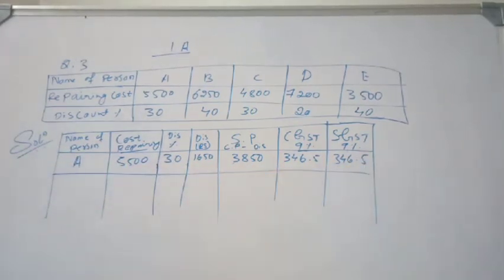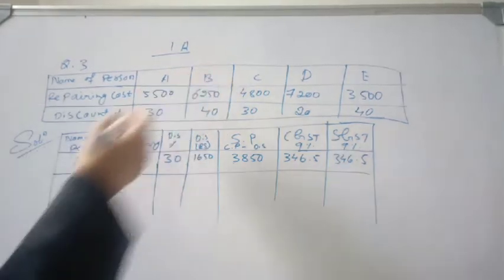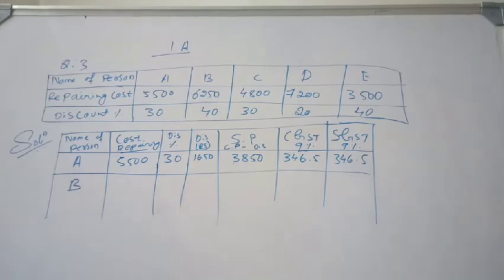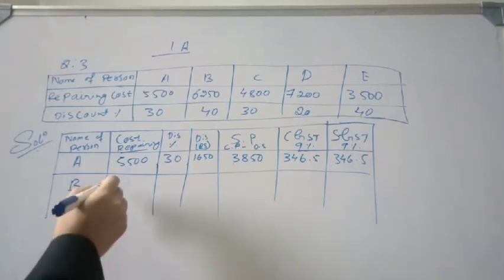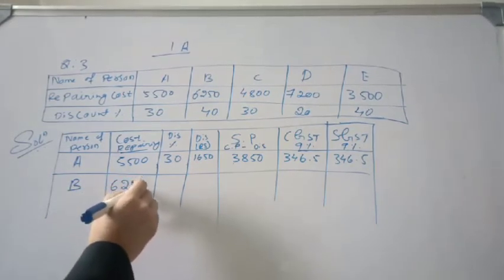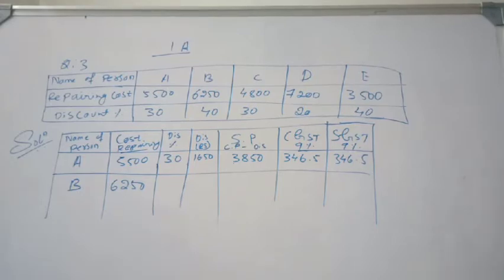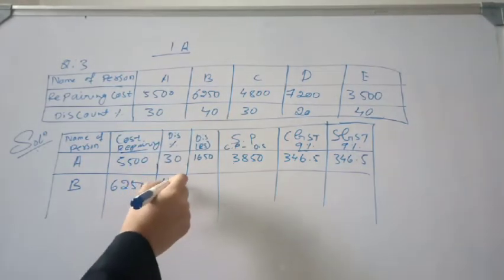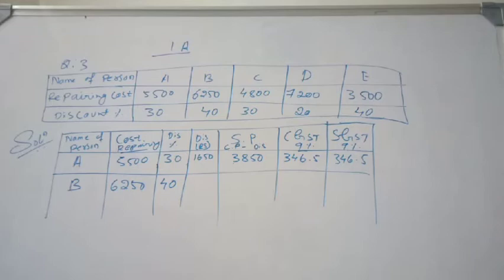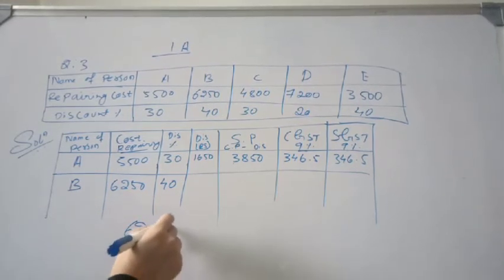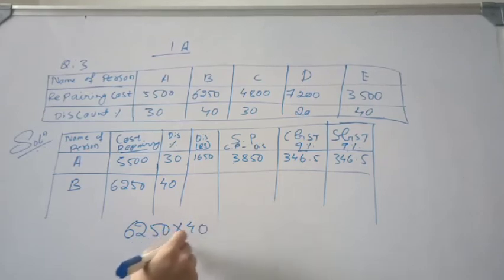Now come to the second person, that is B. The repairing cost of B is 6,250. The discount percentage is 40%. So 6,250 into 40 upon 100.